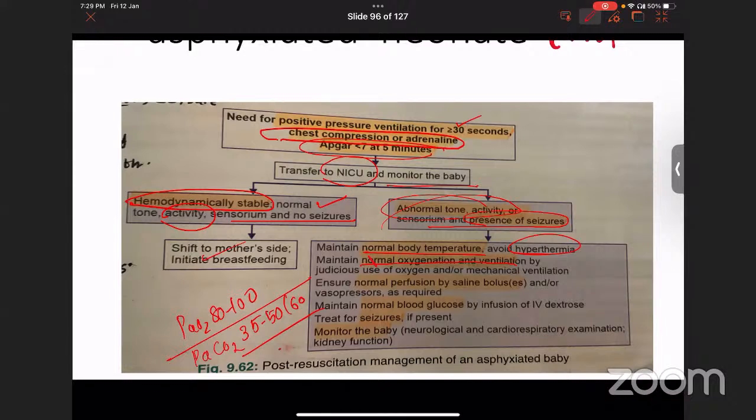So this should be normal oxygenation and ventilation by judicious use of oxygen, maintaining PaO2 of 80 to 100 and PaCO2 of 35 to 50, sometimes 60, and ensure normal perfusion by giving saline boluses if there is shock, or else you can go for vasopressors as required.